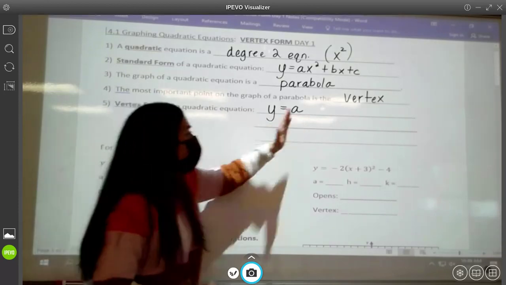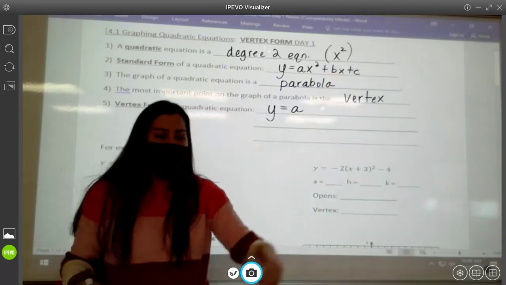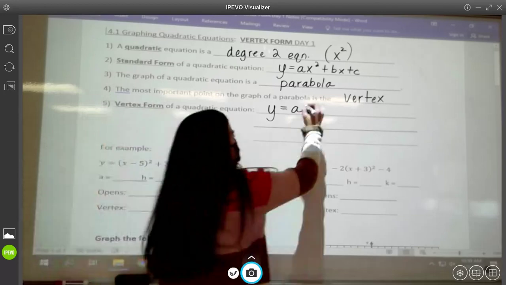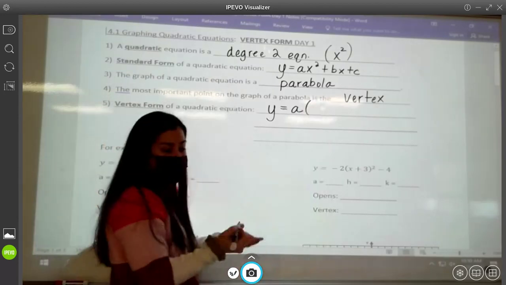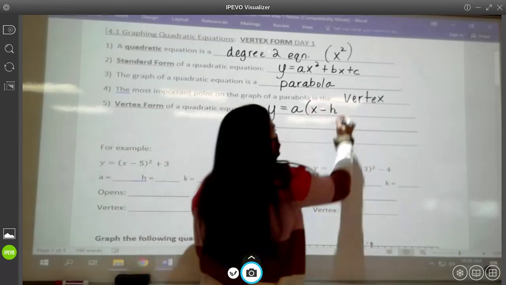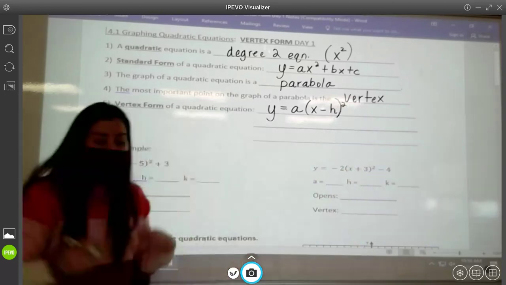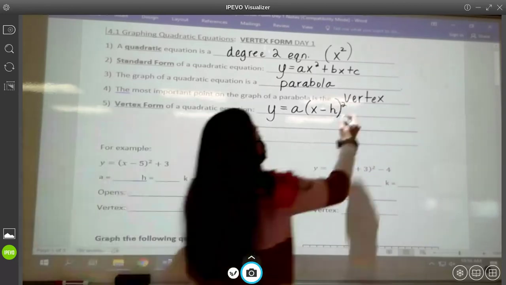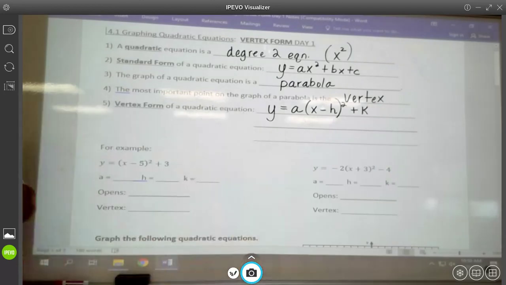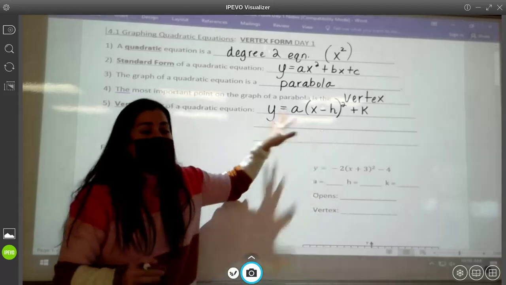The rest of the formula doesn't look like this, and we don't use b and c anymore because they don't represent the same missing numbers. It's going to look like this: a times parenthesis x subtract a number h, the whole thing squared, that's the quadratic part, the squaring, and then plus some number k. So when your quadratic equation is written like this, that means it's in vertex form.